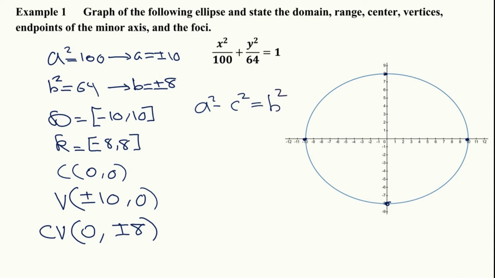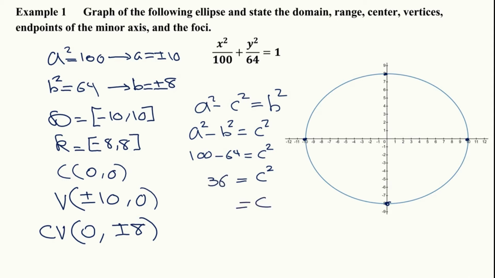So if I solve that for c squared, I get a squared minus b squared equals c squared. So 100 minus 64 equals c squared. So c squared equals 36.